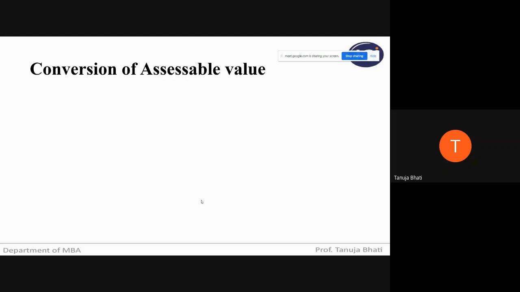Suppose we are importing the goods from, say, USA, then the value at which we have to pay is in dollars, correct? Now if we are calculating the assessable value in dollars, then we have to convert that dollar into Indian rupees. So there is a conversion of assessable value required.